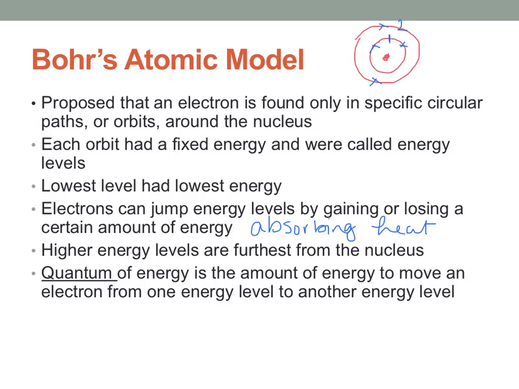There are more levels than 2, but the higher energy levels are going to be furthest away from your nucleus. Now, he also discovered that it could only take on a certain amount of energy, and that's what the word quantum means. Just remember that this means a certain amount. Depending upon what level they were in, each level could only absorb a certain amount of energy.